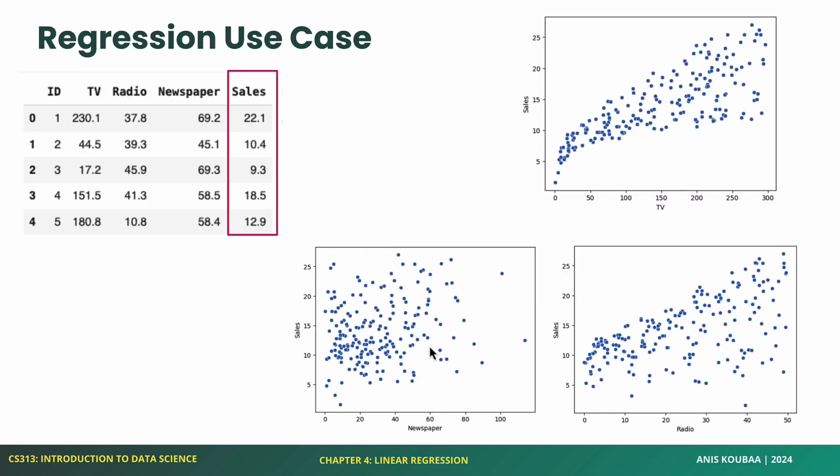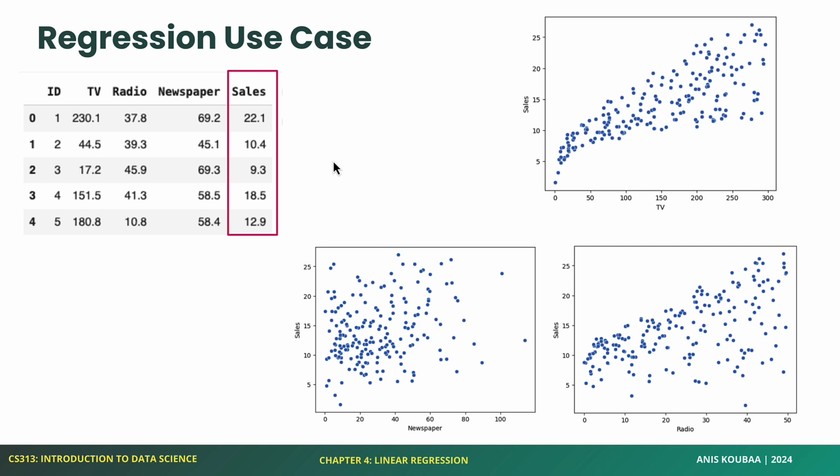Of course, this is a reminder of the use case that we talked about in the regression lecture, where we had to predict the sales value based on features including the TV advertising budget, the radio advertising budget, and the newspaper advertising budget. Here we have shown the correlation between the different features and the sales.